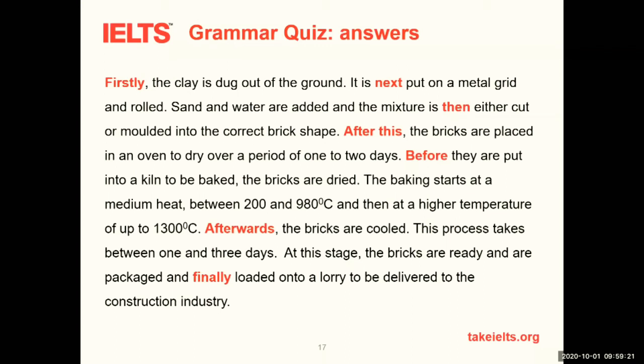And one way of doing that is by combining sentences using a range of sentence structures, which will increase your band score in grammar. So we can do that by using relative clauses, which are a simple, easy way of expanding your range of structures.